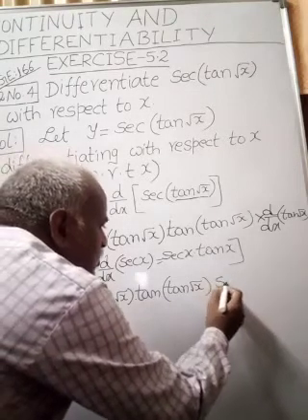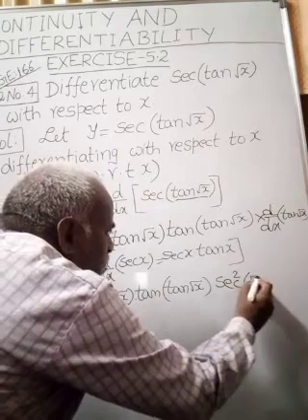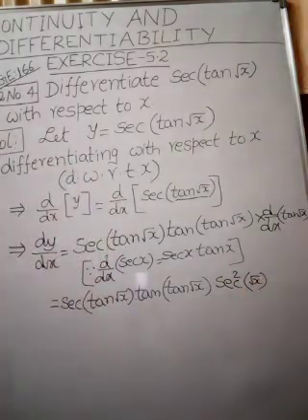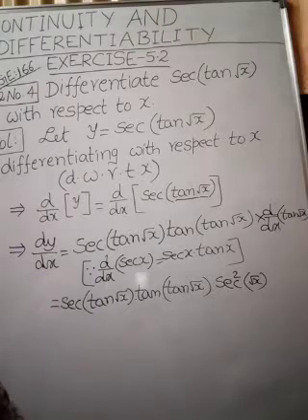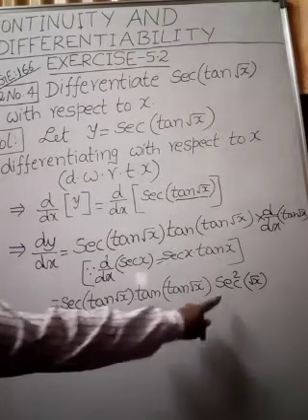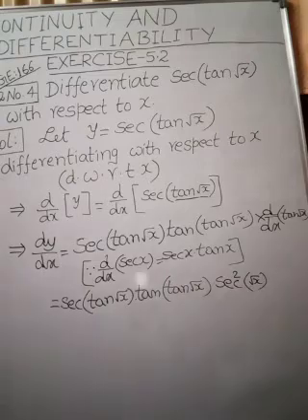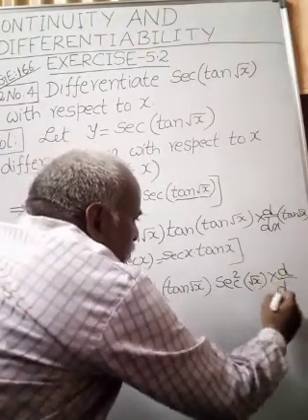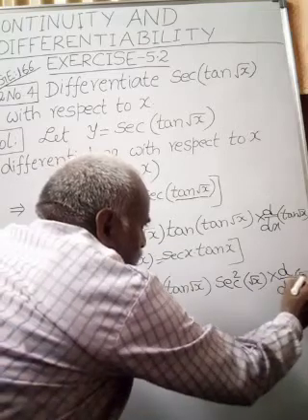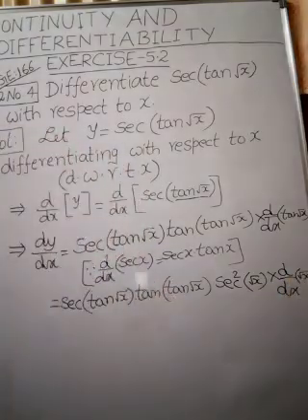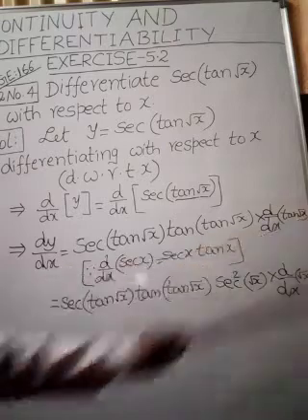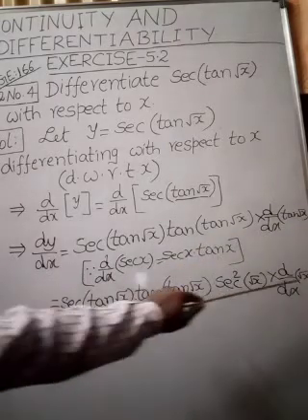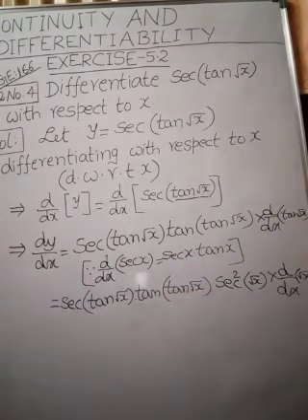So secant square, what is x here? That root x is assumed as x in your mind. Okay, my dear children, understood this part? Secant square of root x into d by dx of root x, because we assumed here root x as x in your mind, so we have to differentiate that part. Understood this part, my dear children?